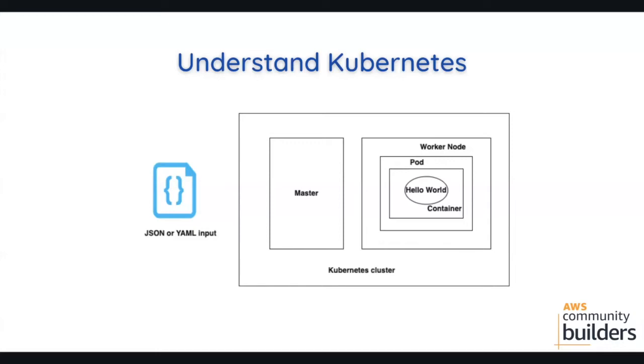The master operates everything. It commands and communicates. The worker node will manage the different containers through the pod. Inside the worker node there will be a pod. Pod is one concept.